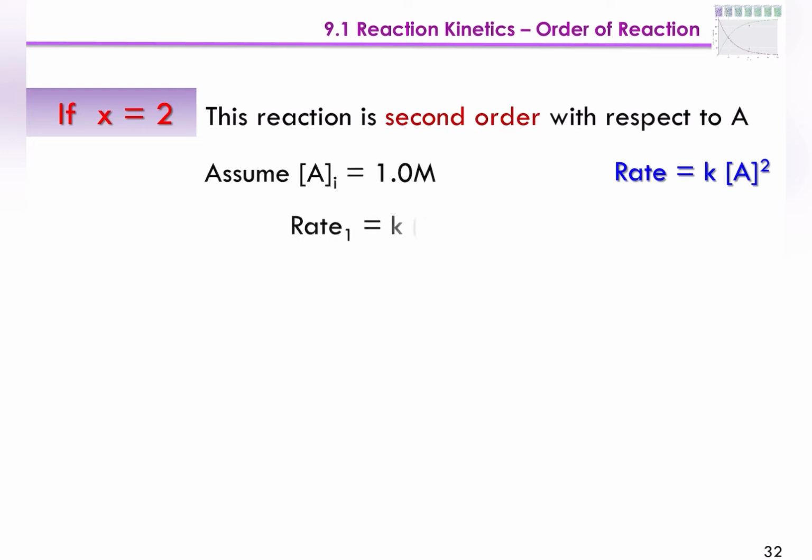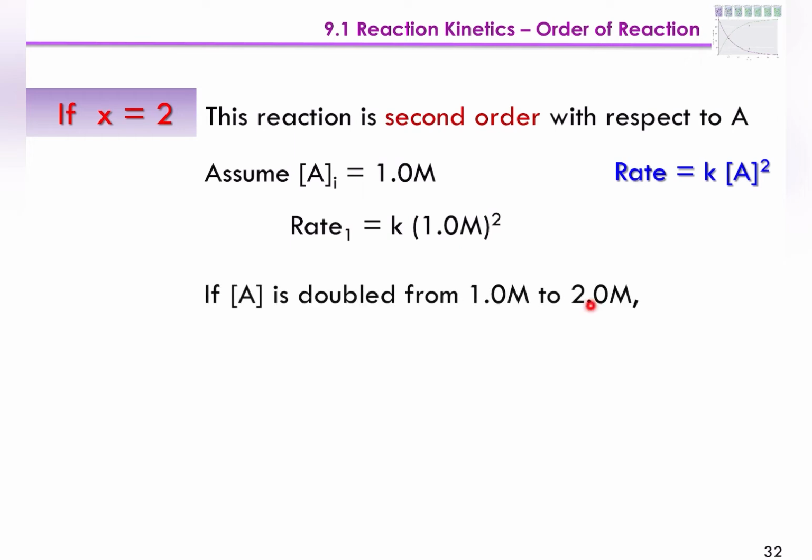So this is for rate 1, equals K times 1.0 molar to the power of 2. So if the concentration of A is doubled to 2.0 molar, I get the next one, rate 2 equals K times 2 times 1.0 molar to the power of 2.